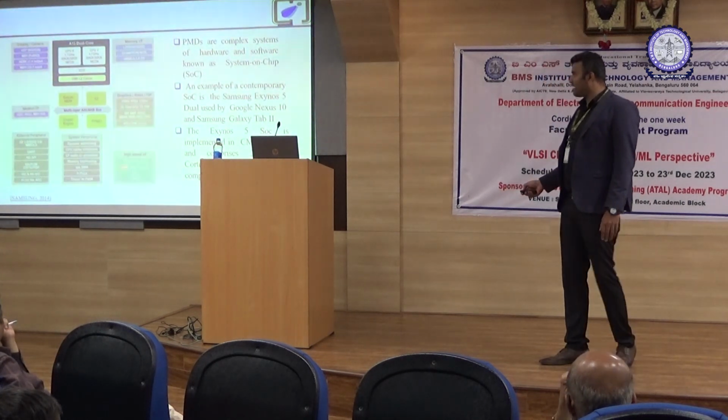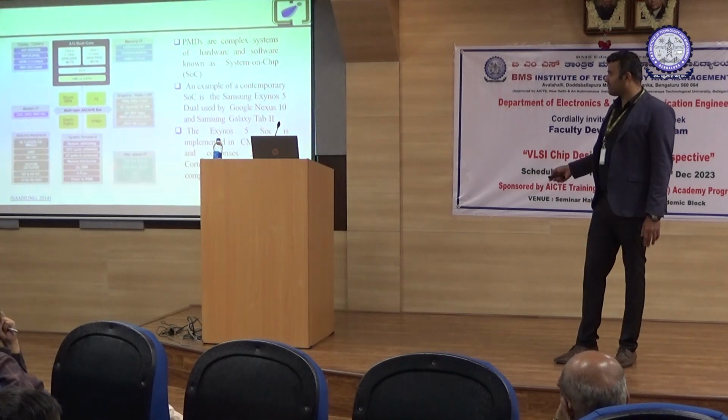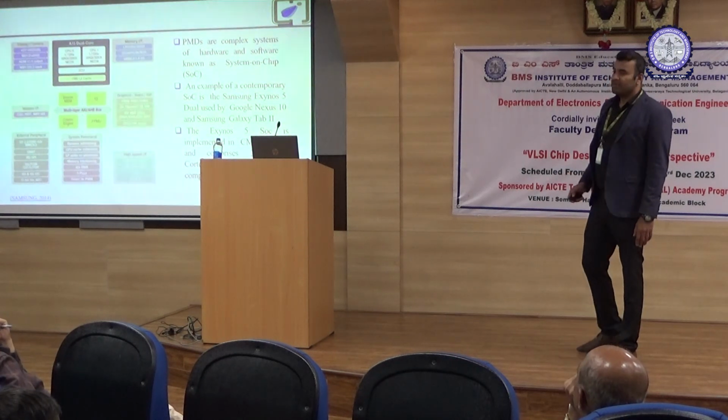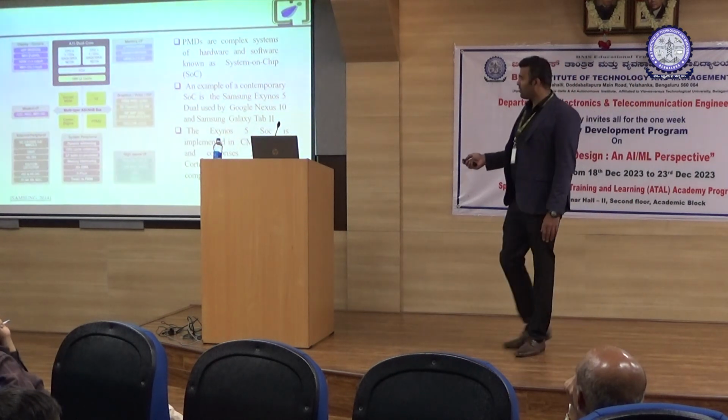And this is one of the examples where we are showing the system architecture inside that Samsung mobile phone. You can see this is the SoC of Exynos 5, which is based on CMOS 32 nanometer technology. You probably know that we are having different technological nodes.